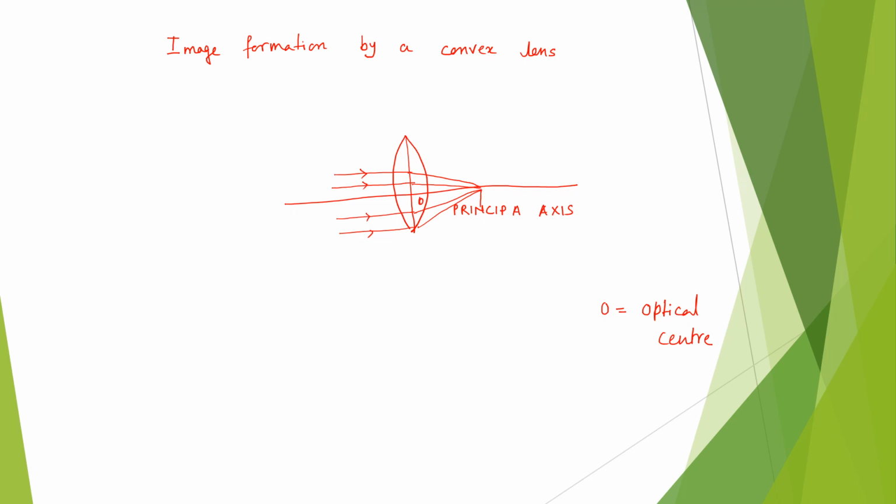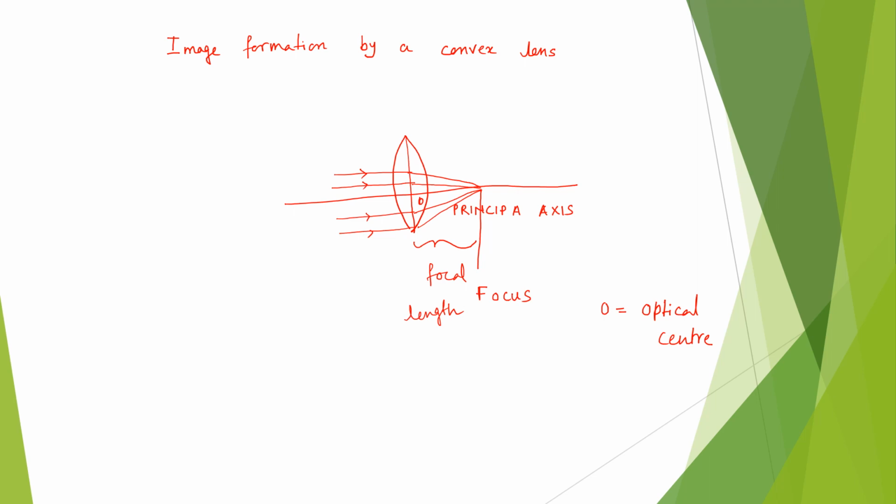That point is the focus of the convex lens. So this distance is the focal length, right?